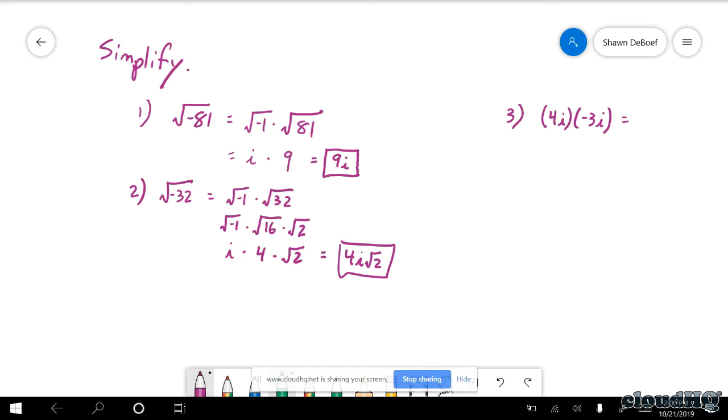Hopefully you would say that's -12x squared. Similar. Here, 4 times -3 is -12. i times i is i squared. But i squared can simplify. In fact, anytime you have an exponent on i, it will simplify.